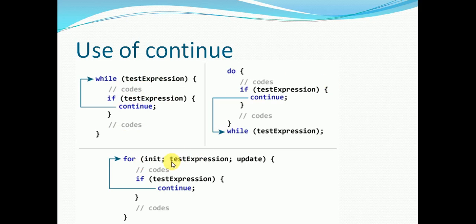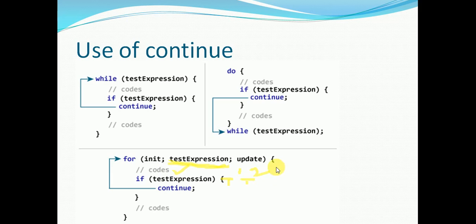Now, here first it tests the expression. Then this code is executed one time. Again test the expression. If this condition is true, continue. Again test the expression. If the condition is true here, it will execute this code for the second time. Again test the condition. If the condition is true again, this part is repeated and the condition is tested again. Say the condition is true.